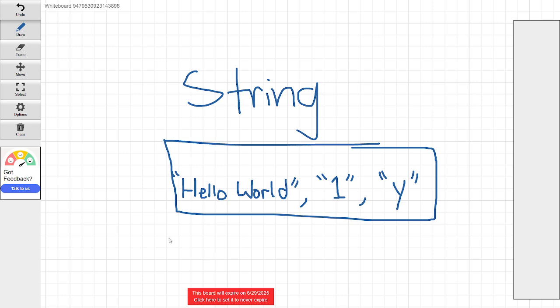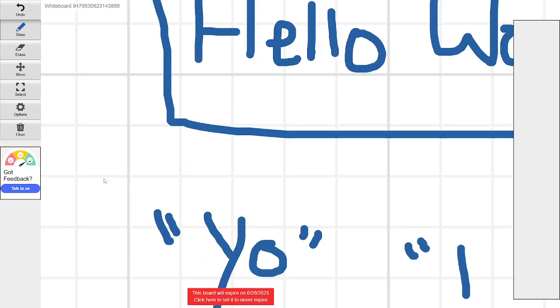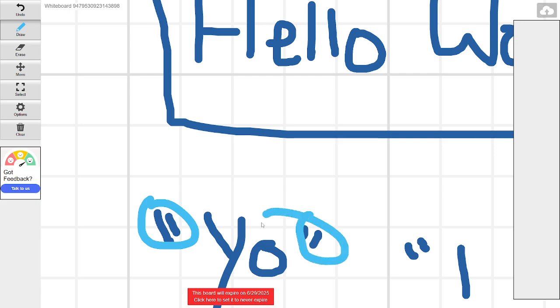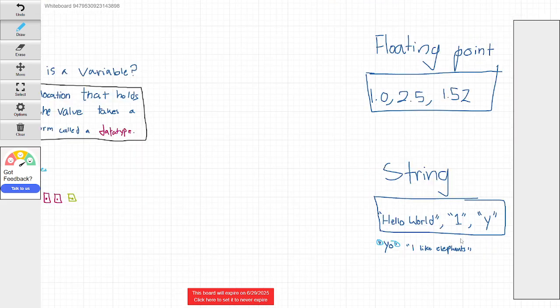For example, yo is a string. I like elephant. This is also a string. Any string of characters is usually denoted by these quotation marks. That's how you denote a string.